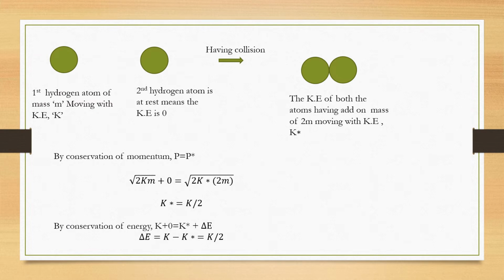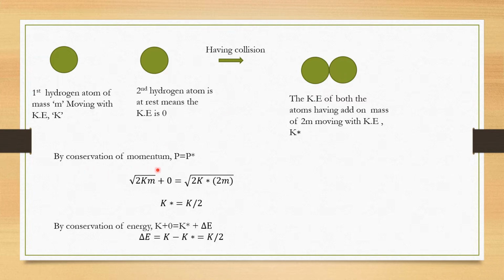So here is the solution. Here is the first hydrogen atom with mass m, moving with kinetic energy k, and here is the second hydrogen atom which is at rest, or we can say in stationary state, that is, the kinetic energy is 0. After the collision they both move together with kinetic energy k star, and the mass will be m1 plus m2, or we can say 2m.